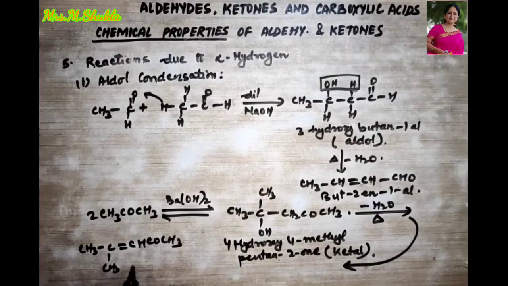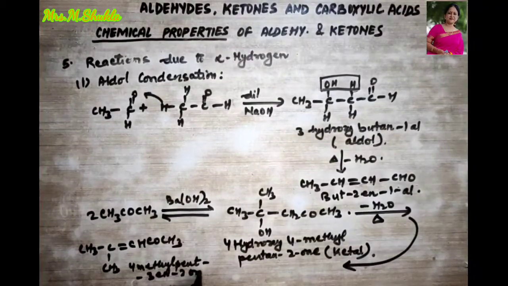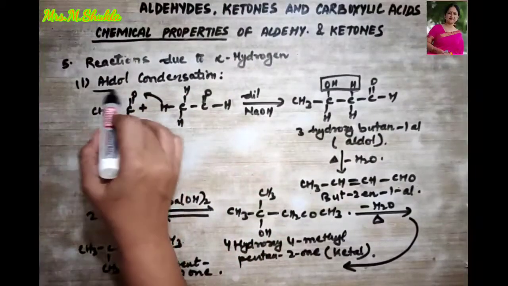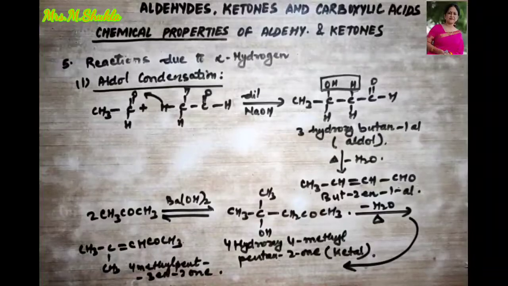So what is the name of this? This is 4-methylpent-3-en-2-one. Followed? So these were all the reactions with respect to aldol condensation.